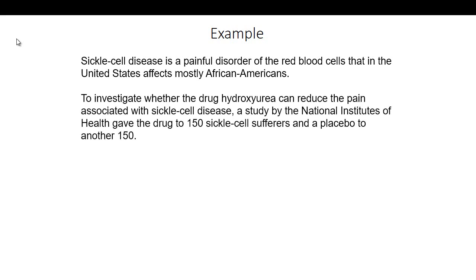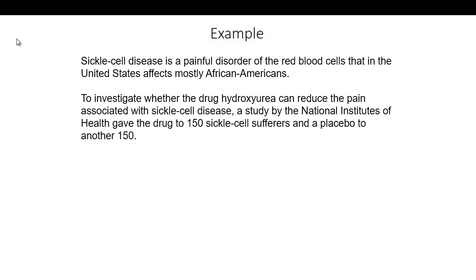To investigate whether the drug hydroxyurea can reduce the pain associated with sickle cell disease, a study by the National Institutes of Health gave the drug to 150 sickle cell sufferers and a placebo to another 150.